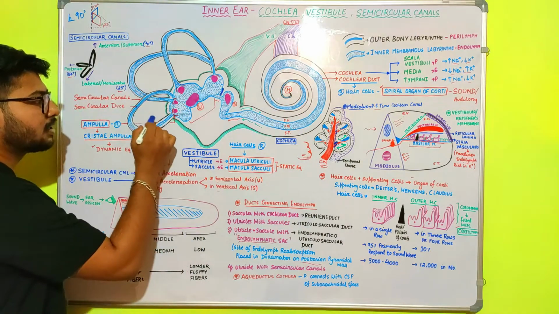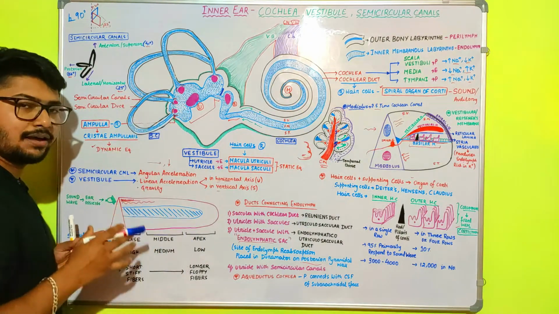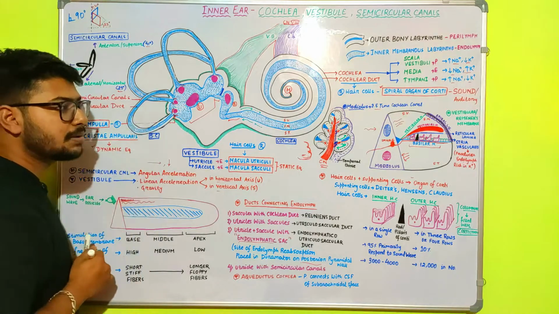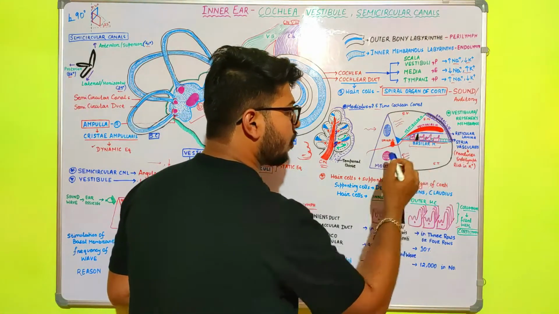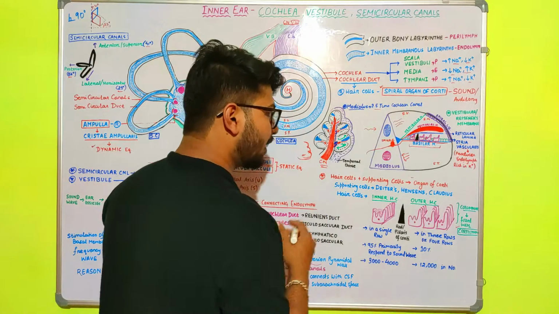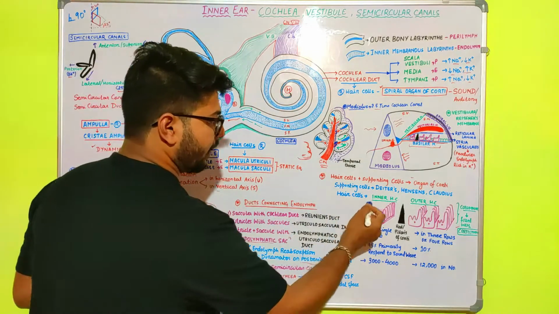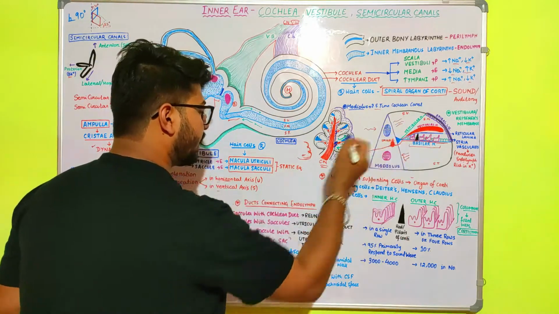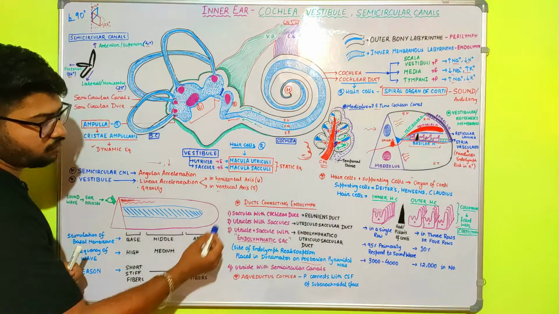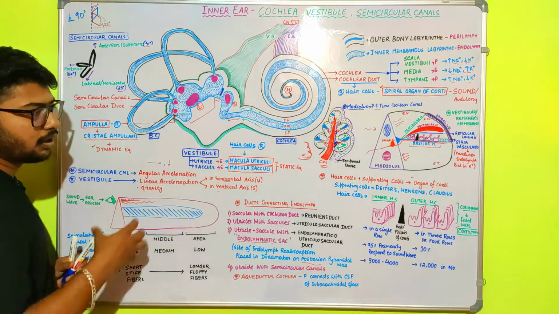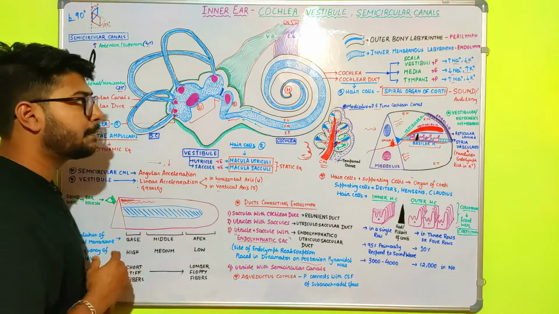Similarly, the semicircular canal has the semicircular duct inside it. Then what are the walls of the cochlear duct? Then what are the different types of hair cells present in the cochlear duct? Then what are the connecting links of the endolymph and perilymph?